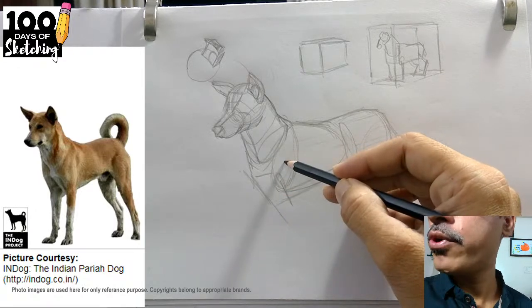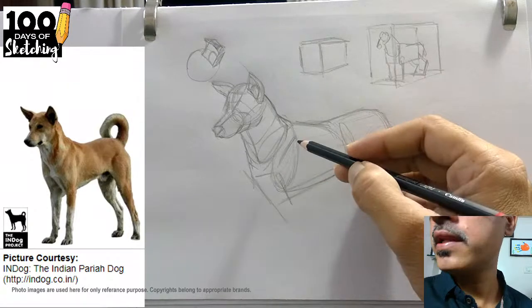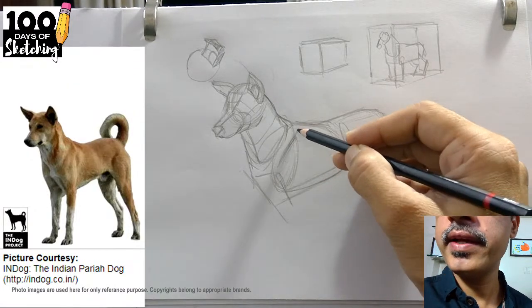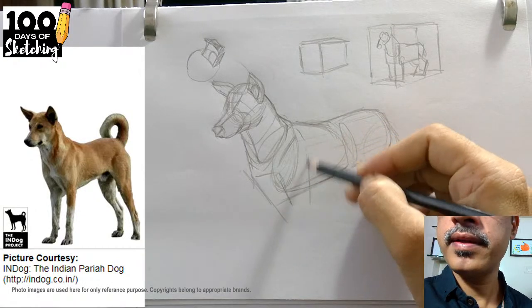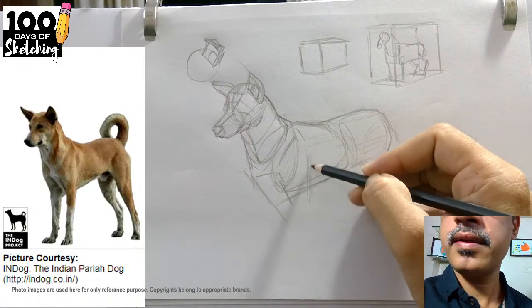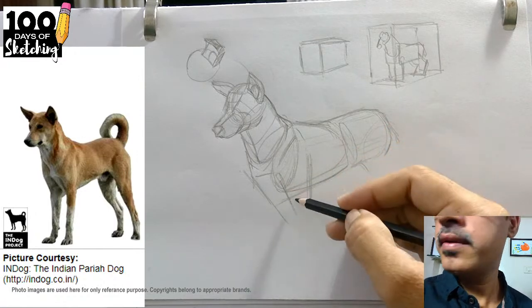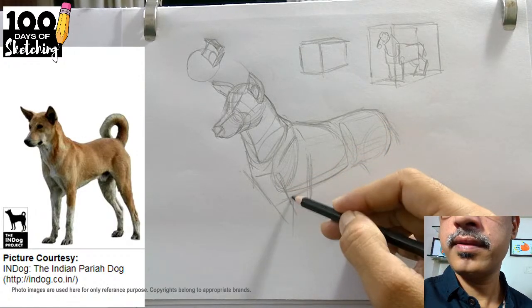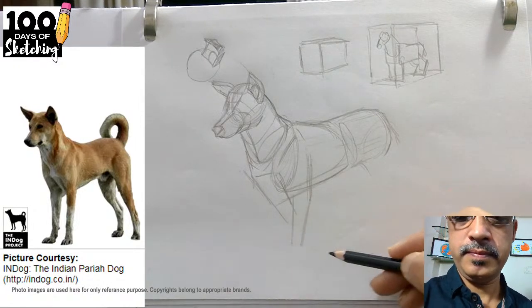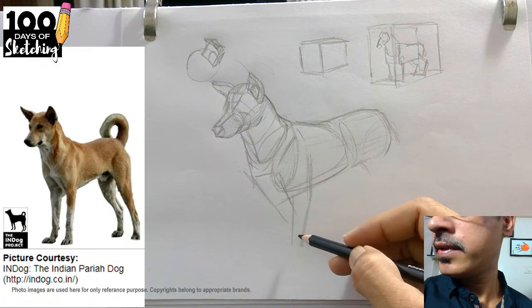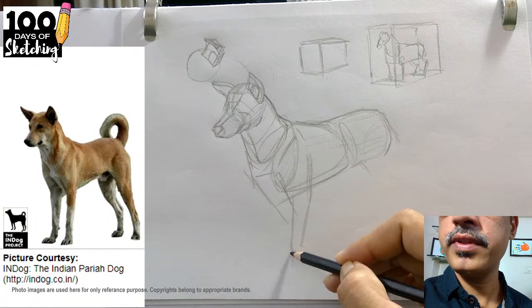And this is a very important portion, this is the main muscle of the front leg. Till here it's straight with a little curvature.